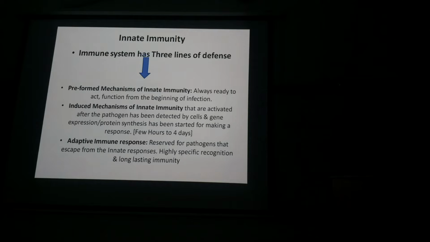In case of certain pathogens, it can last for 5 or 10 years as well. Okay, so due to more specific recognition, more specific molecules are generated for neutralizing that pathogen. So the pathogen cannot escape adaptive immune responses normally, but in certain conditions they can. And those are very serious conditions that would be discussed probably in the last lecture.